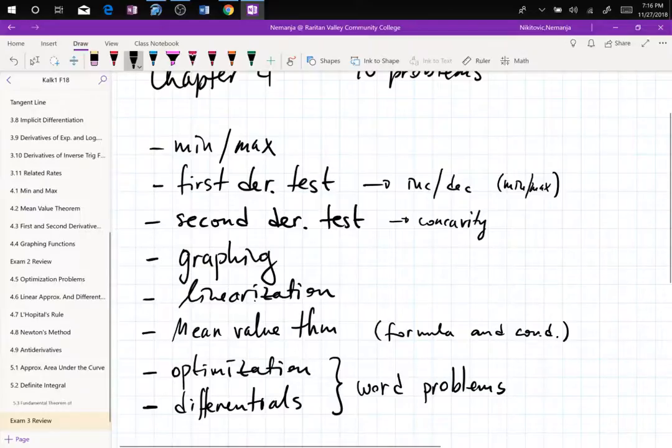The words minimum and maximum are present, and that's the objective equation. We'll have min or max. So that's clear. The differential problems are asking to approximate the change. It clearly says what is the change or something like that.